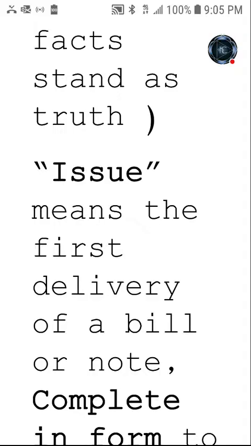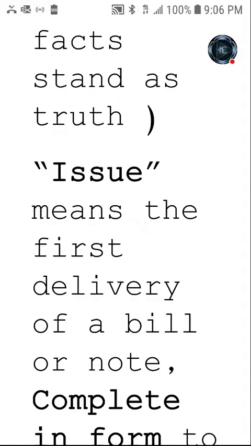Now, besides those facts, let me be specific as to how your facts is irrelevant from the truth of my facts. And separate them.